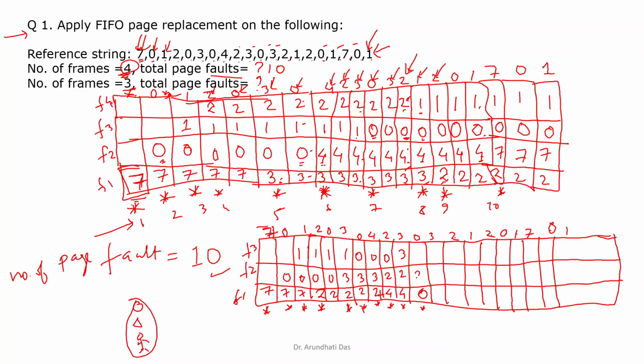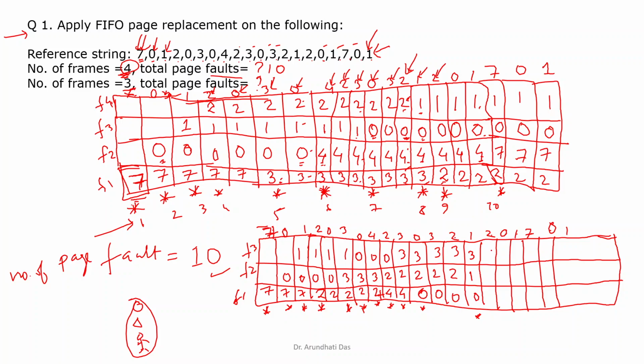And 2, then 3, then 3 again, fortunately we are having it, no page fault. 2 again, fortunately we are having it, no page fault. 1 again, we are not having it, which one will I replace? I'll replace 2, that is the first one now, so it is a page fault.